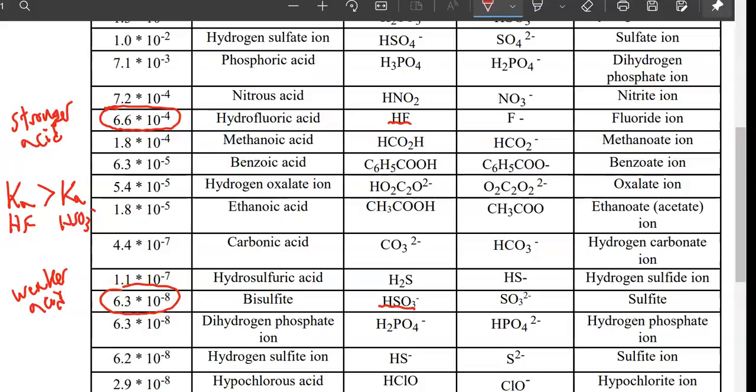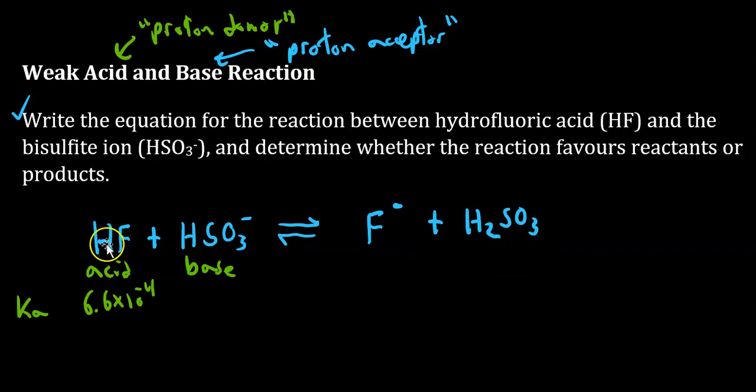So we'll skip this for now, and let's look at this here. The HF is the acid. It turns into the conjugate base. And the base, this bisulfite, turns into the conjugate acid, H2SO3, sulfurous acid.